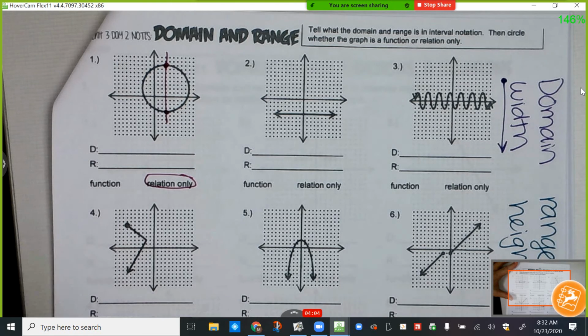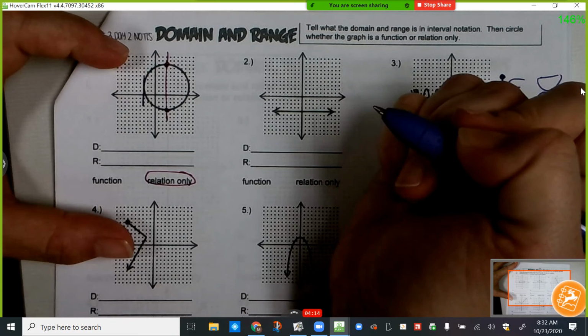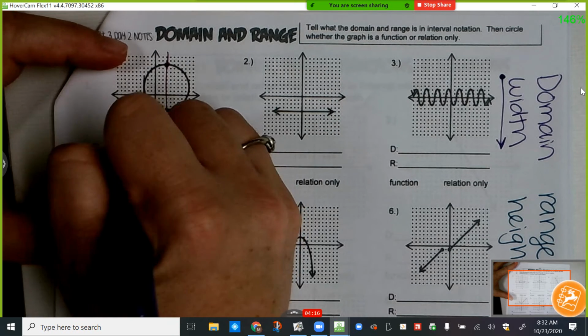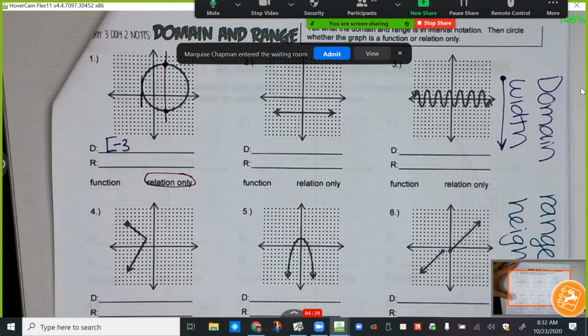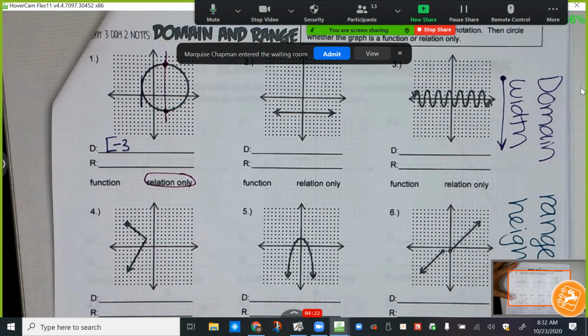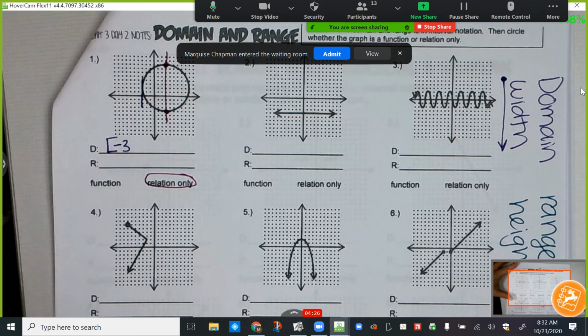So let's think about one thing at a time. Domain, I said to start farthest where? Always start at our farthest left. What is the farthest left this circle goes? -3. Okay, and we're going to use square brackets here because we don't have any infinities. It doesn't ever keep going up, down, side, or side. Okay, we only have just solid line.